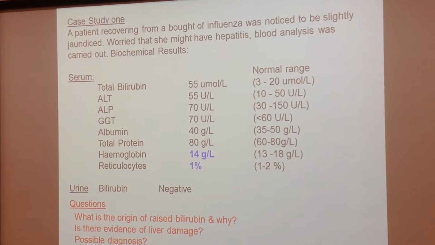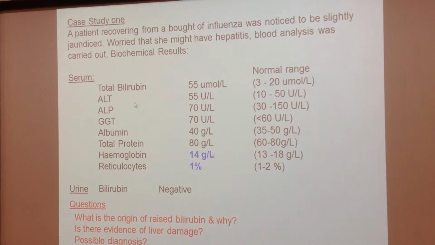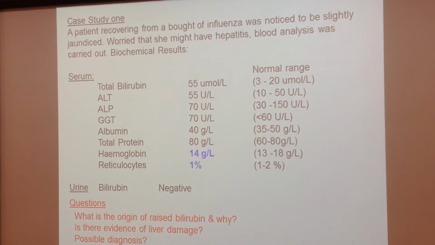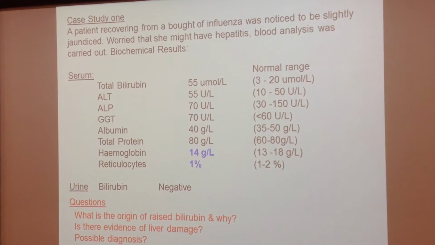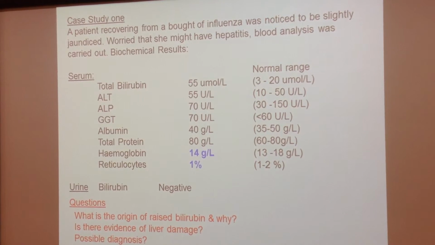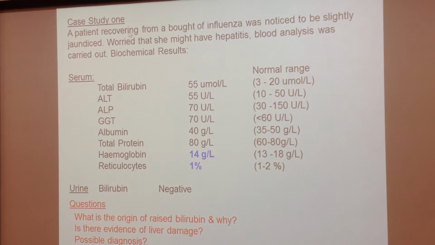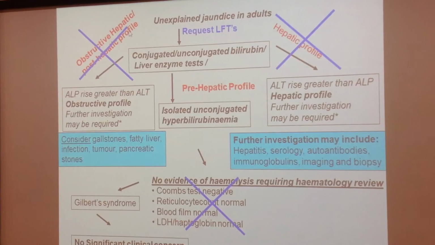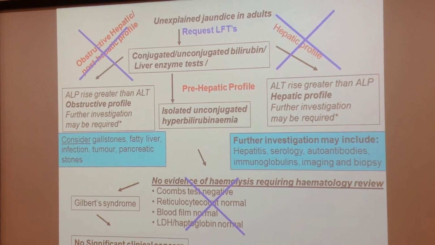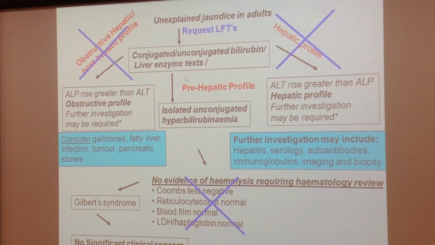This agrees with the enzymes that there's no liver damage. Because you wouldn't see conjugated bilirubin in the urine if there was no liver damage. So this result agrees with the other enzyme results. There's no liver damage. So not hepatic, not obstructive, not pre-hepatic.